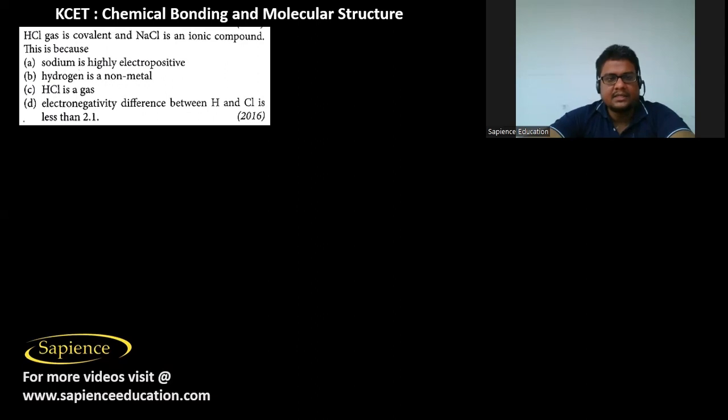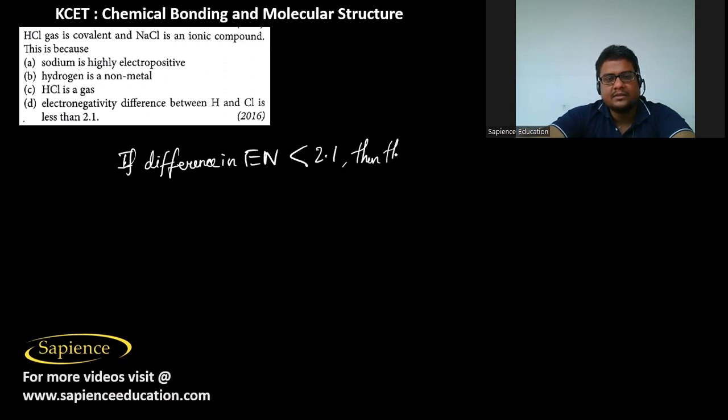Then here it is told HCl gas is covalent and NaCl is an ionic compound. This is because sodium is highly electropositive. No, hydrogen is a non-metal. HCl is a gas. Okay. So the rule is that if the difference in the electronegativity is less than 2.1, then the compound is covalent.